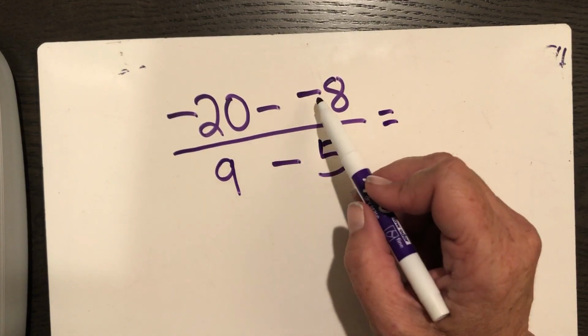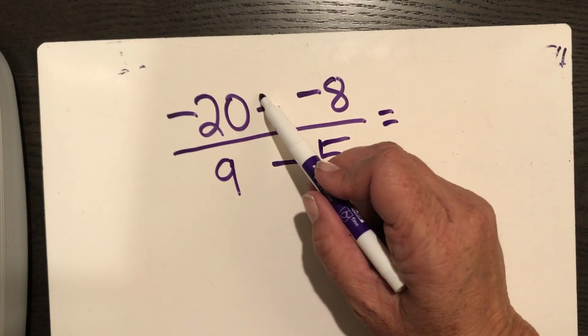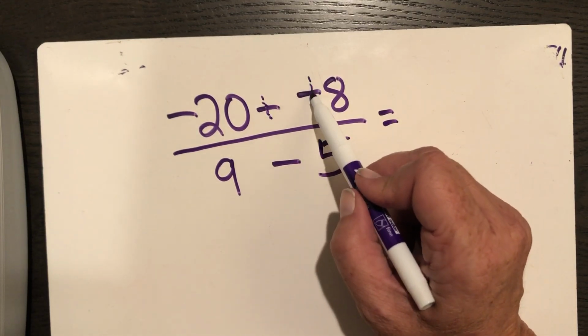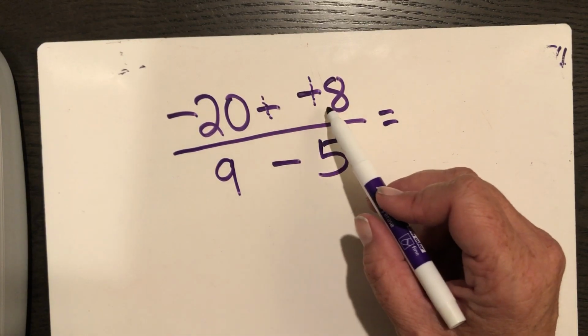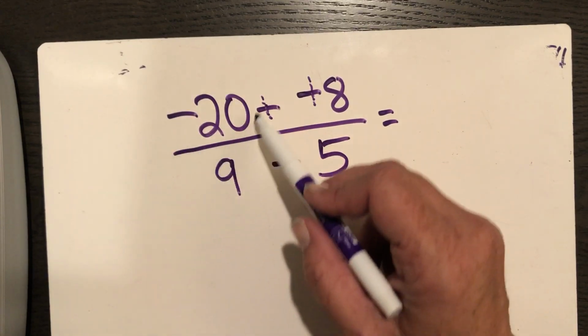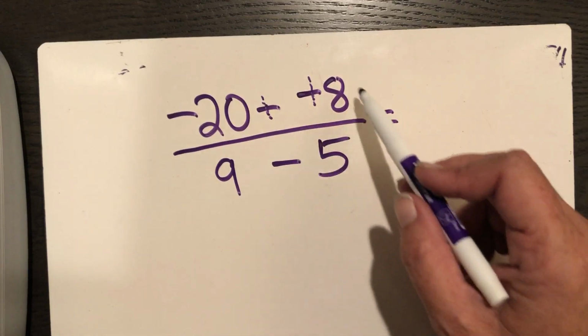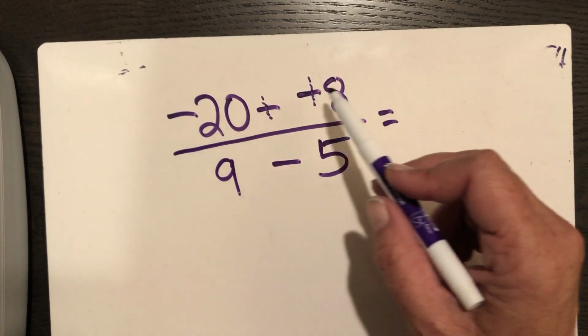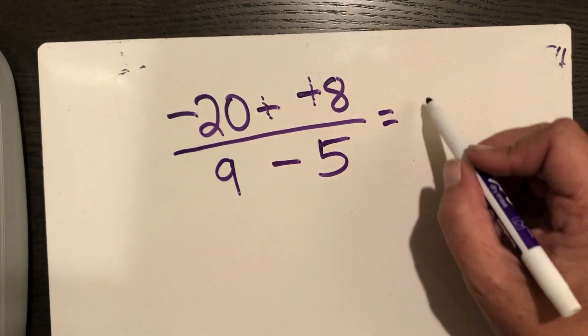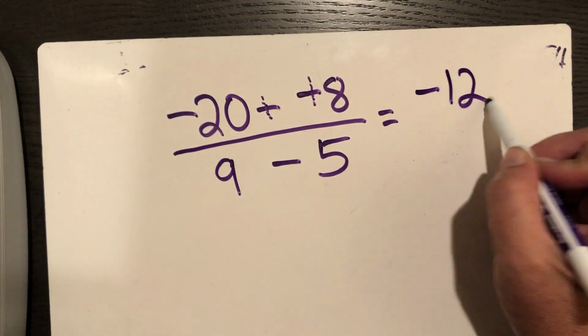When you have two negatives in a row in the middle of a problem, you change them both to positives. But now we have negative 20 plus 8. Negative 20, positive 8. The signs are different. So that means I do 20 minus 8 and take the sign of the negative.